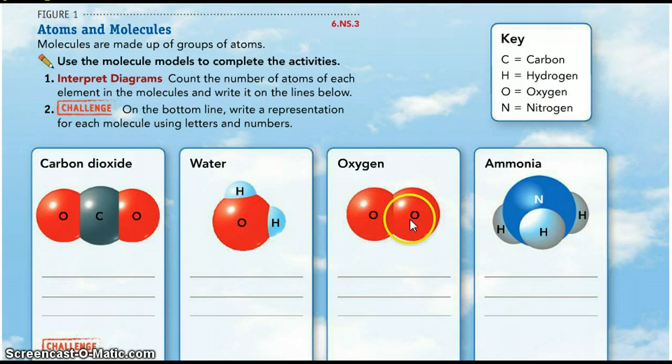So this is O2. The chemical formula is O2. And then here, ammonia is one nitrogen and three hydrogen. So these all are molecules because they have bonded atoms together.